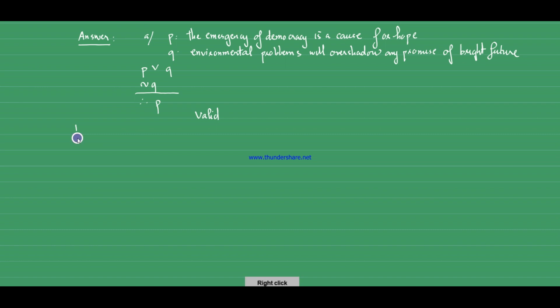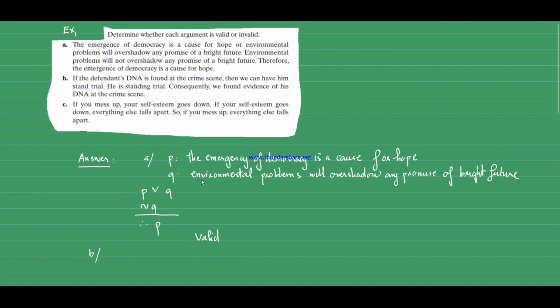Now part B. Okay, part B. If the defendant's DNA is found at the crime scene, then we have him stand trial.